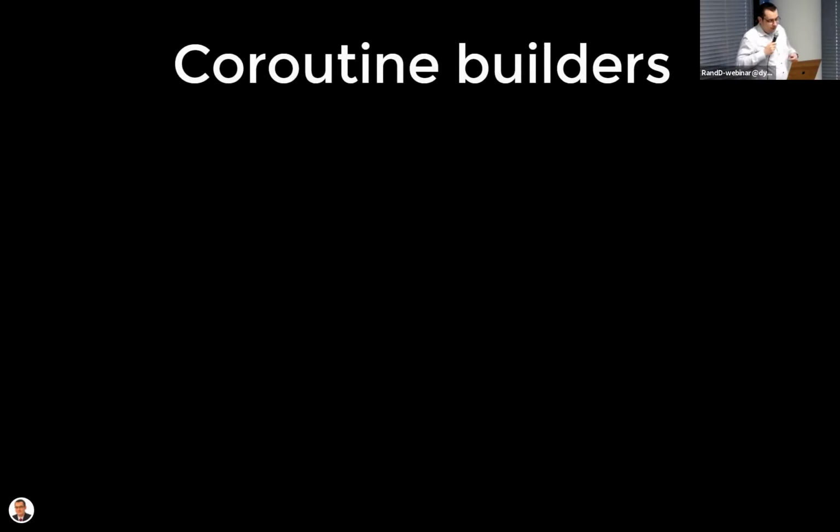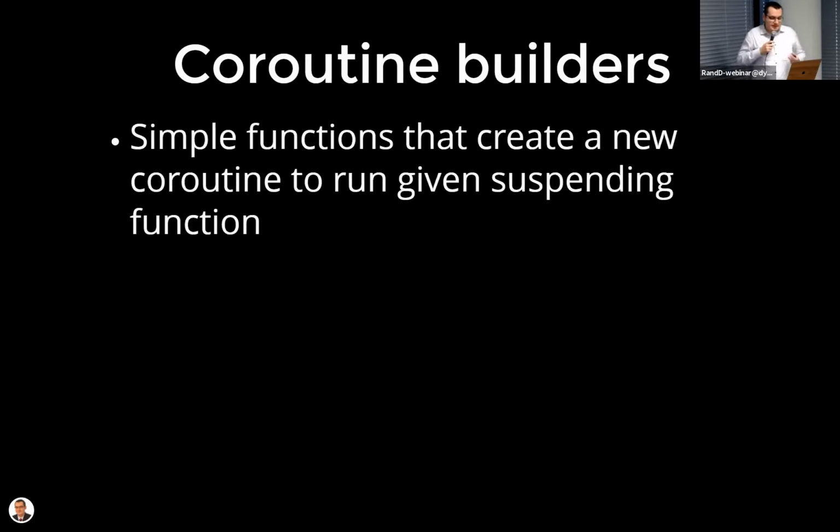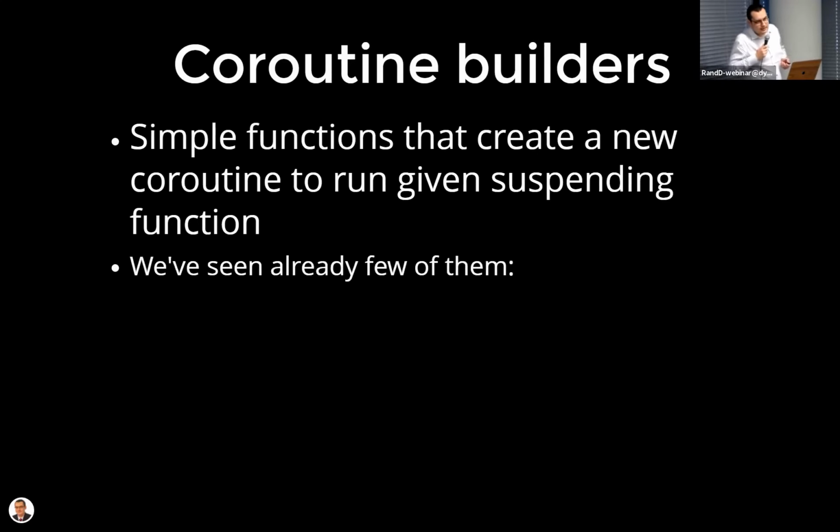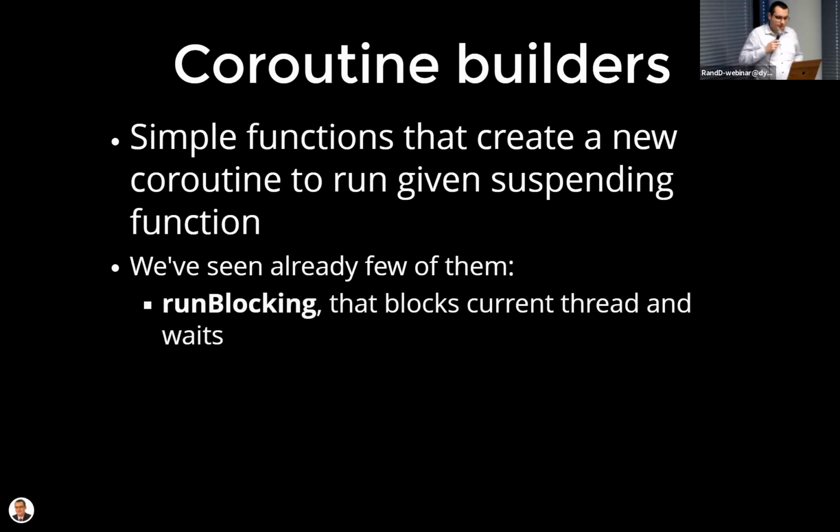Okay, and what we've also used already are coroutine builders. I've mentioned it previously, but now let's talk about it a bit more explicitly. Those are simple functions that create a new coroutine to run a given suspending function. We've already seen a few of them. For example, runBlocking, the first one, actually blocks the current thread and waits for the execution to finish.